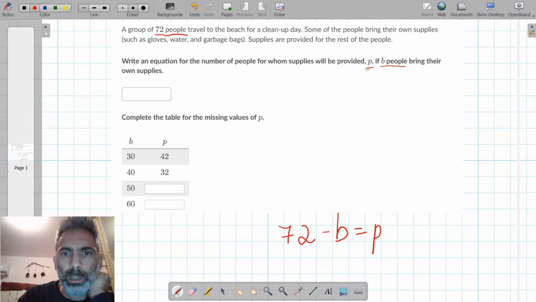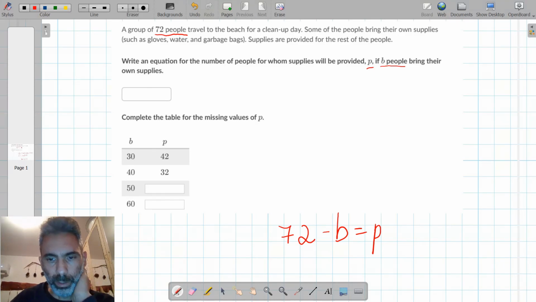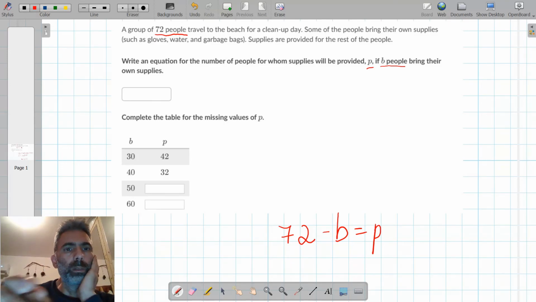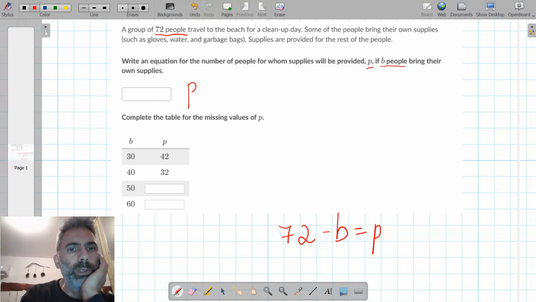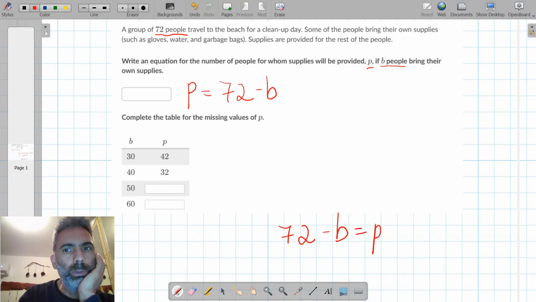The rest, P, is the number of people for whom supplies will be provided. Okay, so P equals 72, which is the total number of people, minus B. B is the number of people who already have supplies.